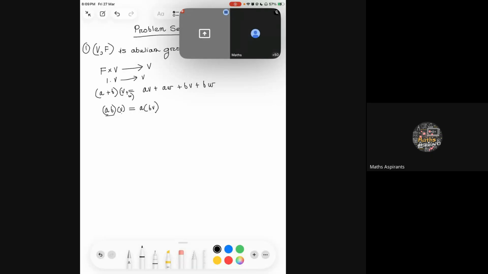If we ask this question conversely, this is the first basic question of today, which I ask you guys. Let G be any abelian group and F be any field.